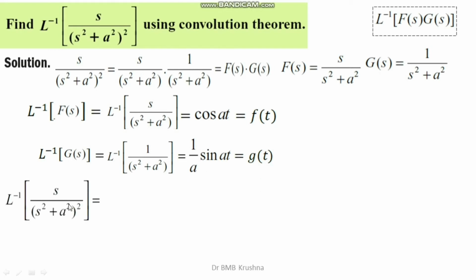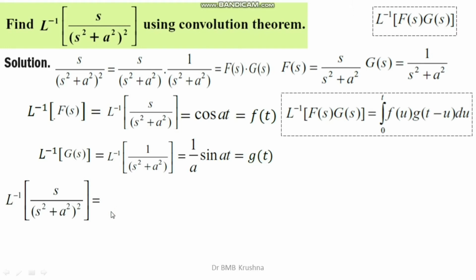Now we consider L inverse of s by (s square plus a square) whole square. We know that by the convolution theorem, L inverse of F(s) G(s) is the integral from 0 to t of f(u) g(t minus u) du.